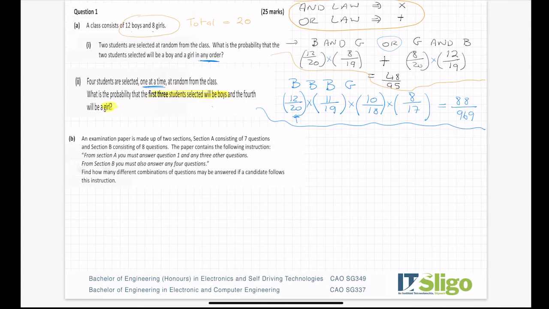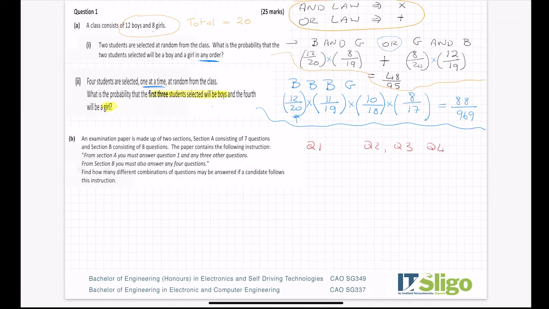So you're trying to figure out here, are we thinking permutations or are we thinking combinations? Well, if you think about an exam paper, you have to answer question 1. And then you could answer question 2, question 3, question 4.